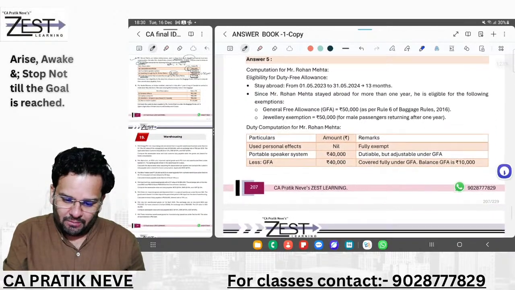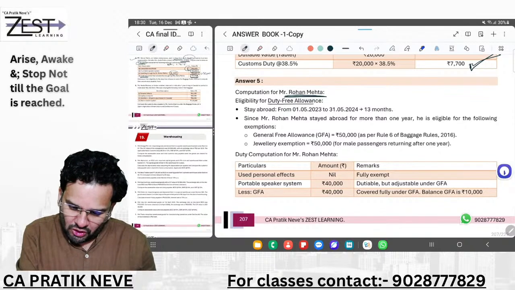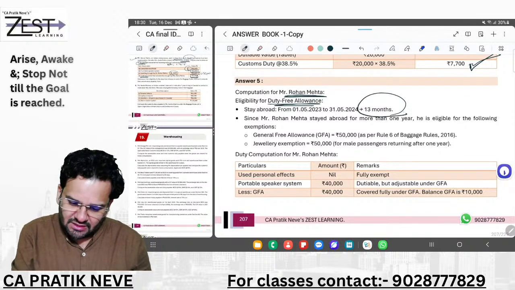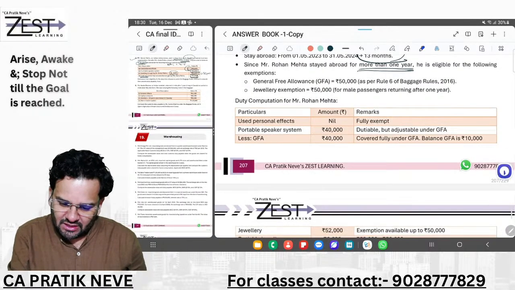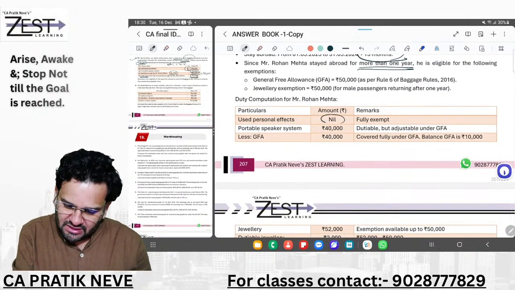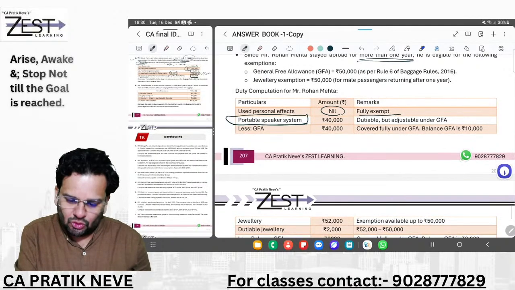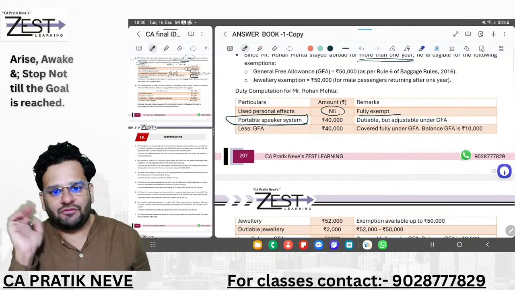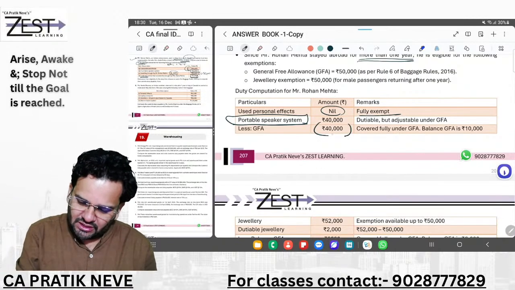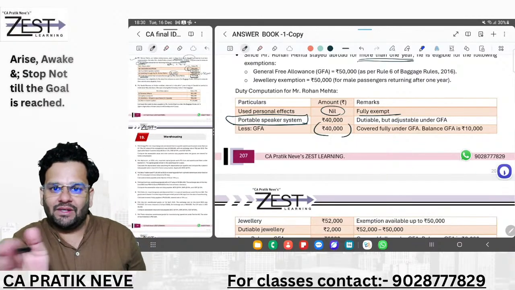So if we talk about Rohan Mehta, what all is duty free for him? He stayed 13 months, that is more than 1 year. So as we discussed, used personal effects will be fully exempt. Portable speaker, if you put it in his hands, he has a GFA of 50,000 rupees. So that 40,000 will get exempt.